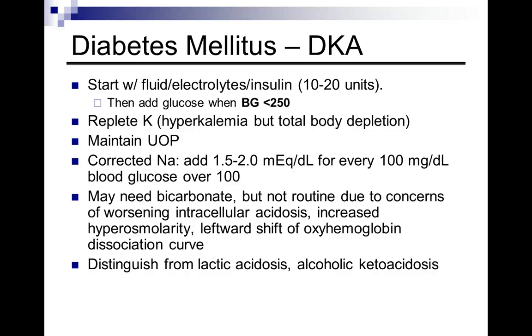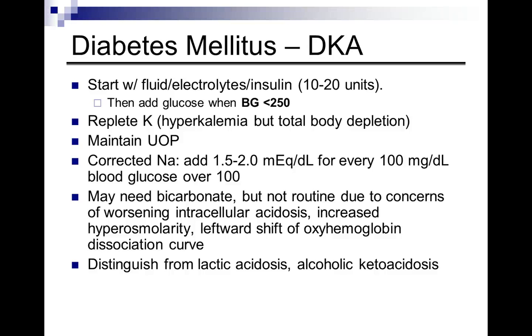Recall that sodium levels on the serum chemistries will be incorrect because they need to be corrected due to the hyperglycemia. And for every 100 milligrams per deciliter that the blood glucose is over 100, you need to correct the sodium by 1.5 to 2 milliequivalents per deciliter.